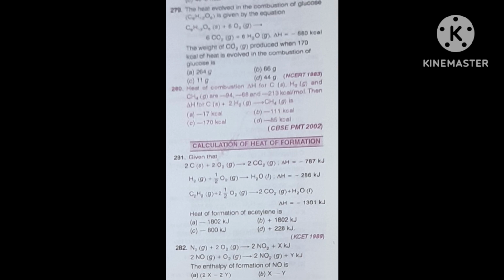This value is obtained from 78 gram, so for 39 gram its value will be half. 780.9 divided by 2 is 390.45 kilocalorie. This is a good question, and its answer is 390.45 kilocalorie. This question was asked in Manipal PMT.